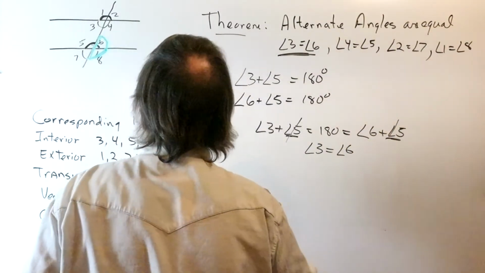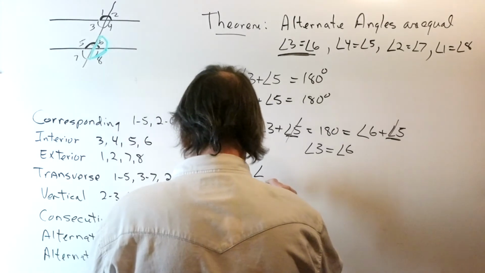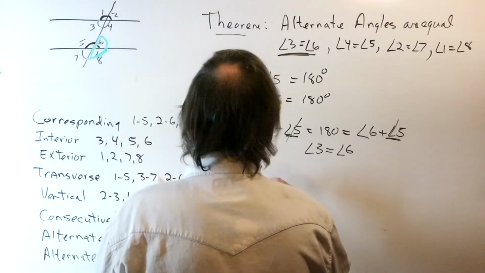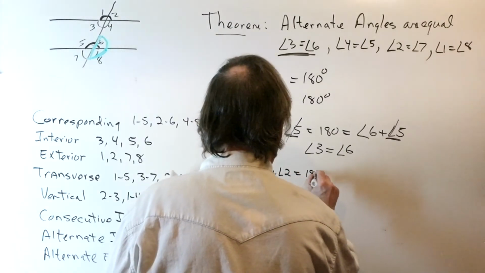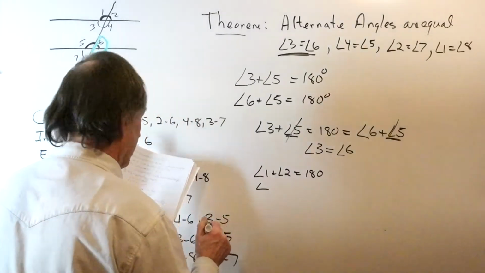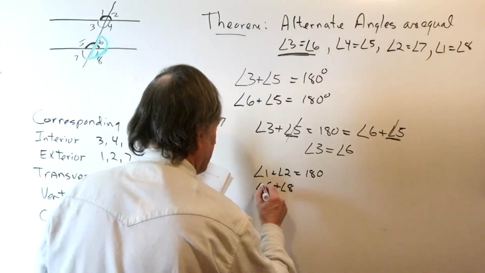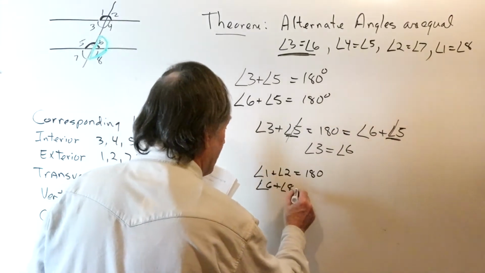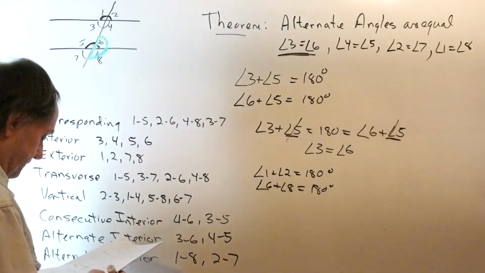So we can write down that the sum of angle 1 plus angle 2 is 180 degrees, and the measure of angle 6 plus the measure of angle 8 is also 180 degrees.